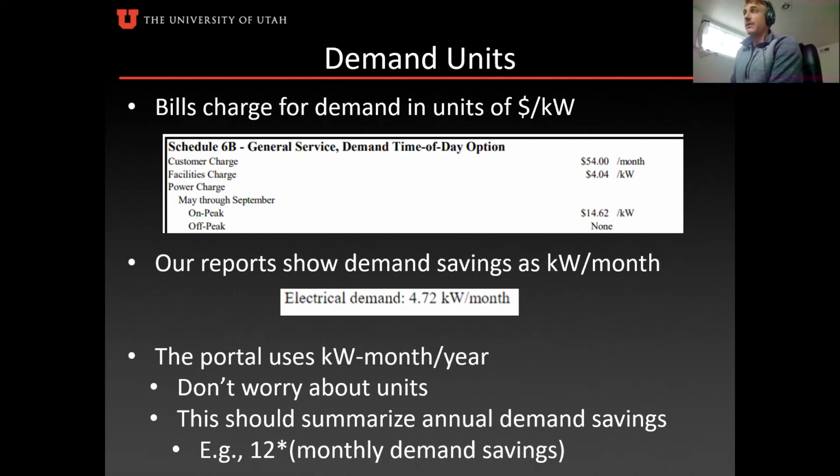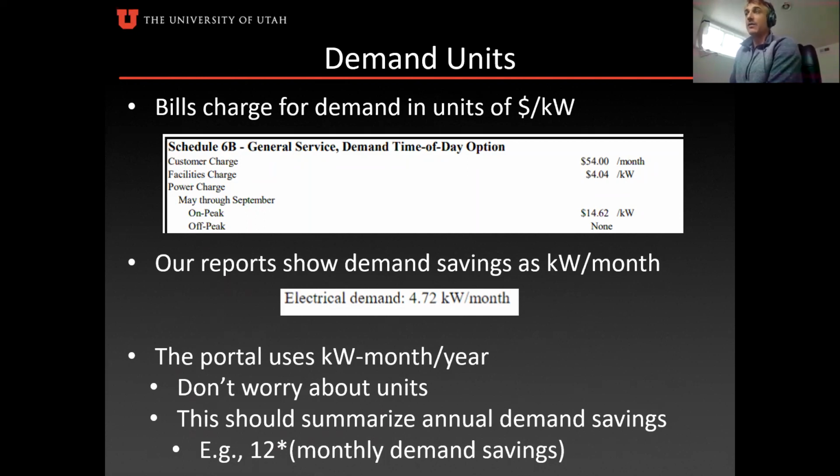So every bill the facility gets charged for their maximum 15-minute power draw during on-peak hours for demand, and that's dollars per kilowatt here. Instead of demand charge, it shows up as power charge. But you can see it's $14.62 for the maximum power draw they have.